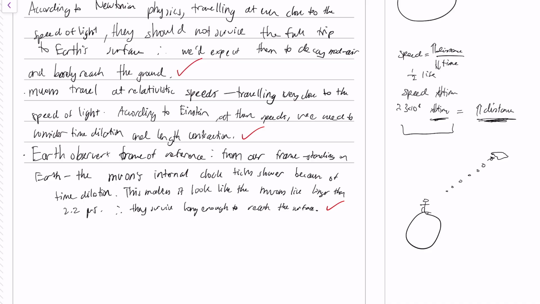Okay? Because the key principle there in special relativity is that time ticks slower for things that are going at relativistic speeds from the frame of reference of a stationary observer. Okay?